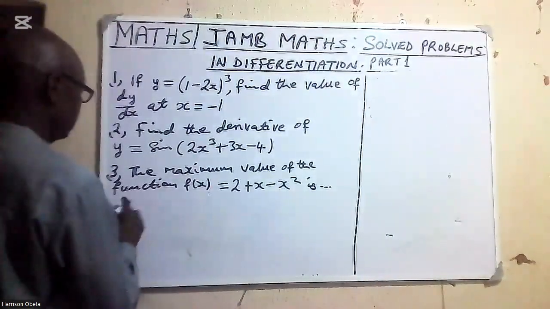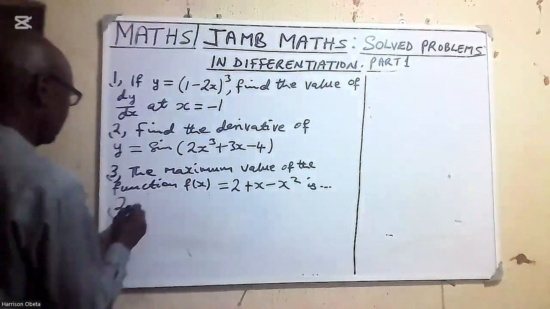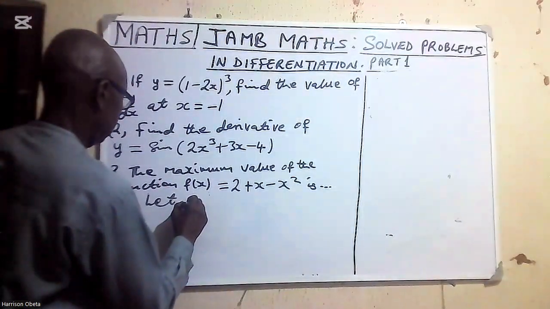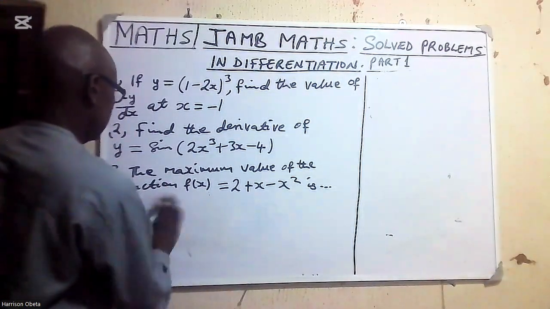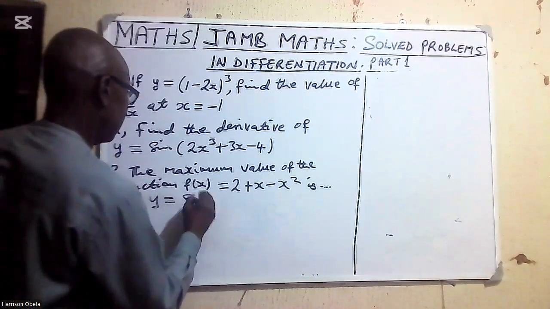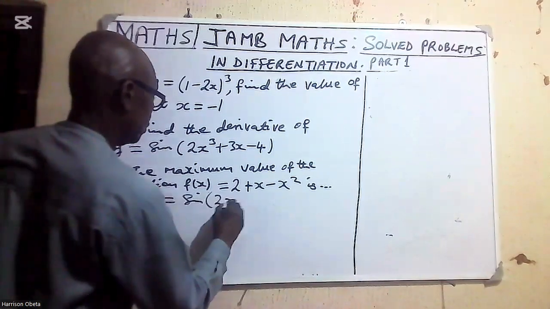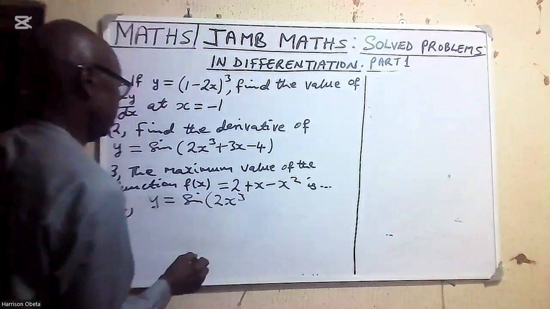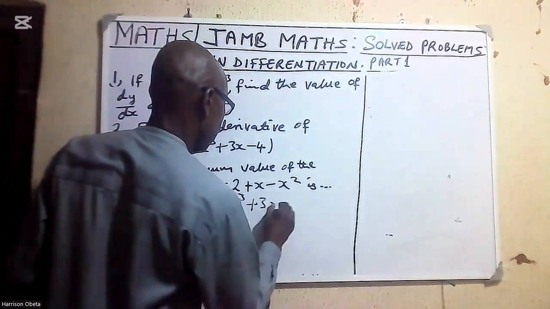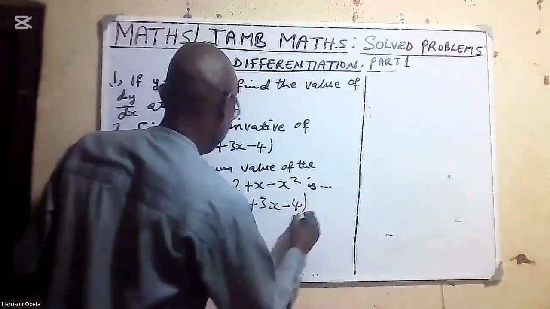So again, number 2, let us write it first. Y equal to sine (2x raised to power 3 plus 3x minus 4).